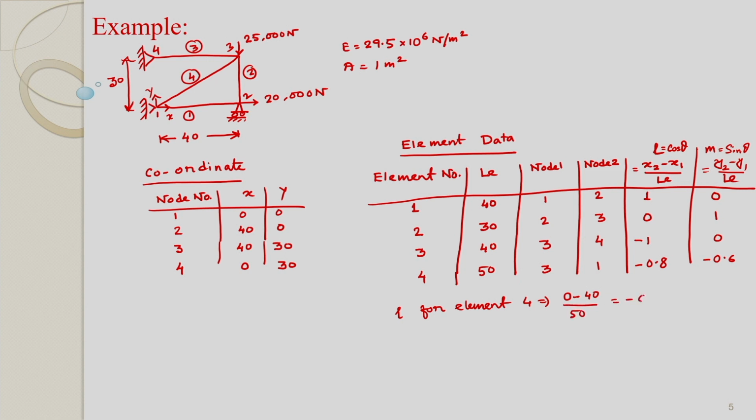So, it is coming minus 0.8. So, these 2 and 1 are nothing but the selected node 1 and node 2. So, whichever is node 2, that is corresponding to x2 and y2.